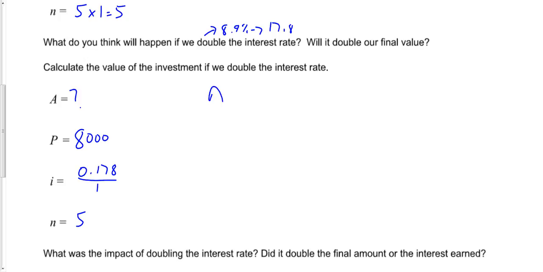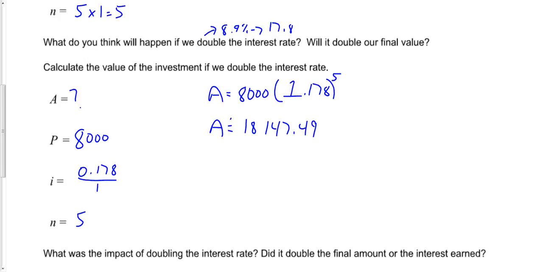So if I plug this in, I'm going to get 8,000 times 1.178 to the exponent 5. So if I do 1.178 to the exponent 5 times 8,000, I get a total amount of $18,147.49 approximately.